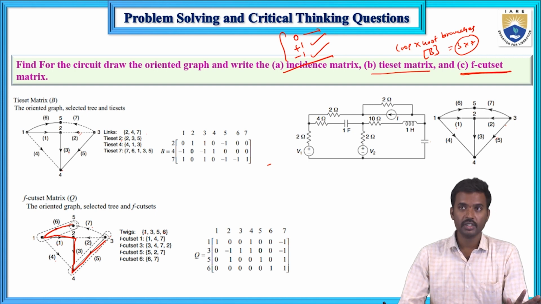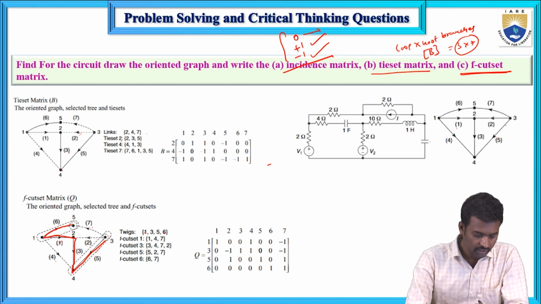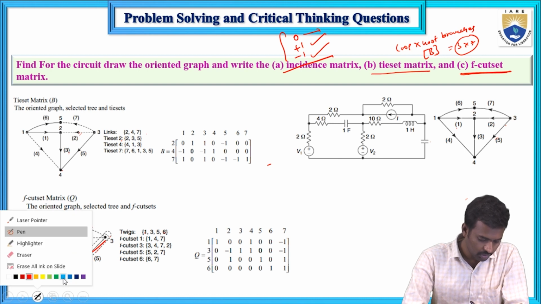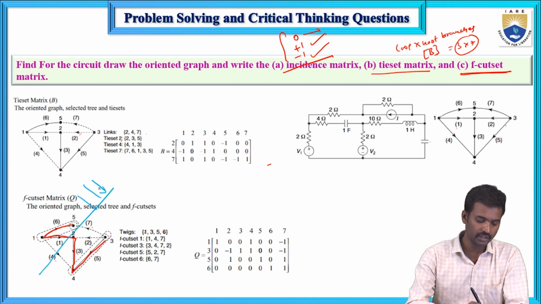So now in the same case, first twig, the associated elements are here. Let me change the color over here. For the first one, the associated elements are 1, 4 and 7. This is the twig, so the direction should be like this.